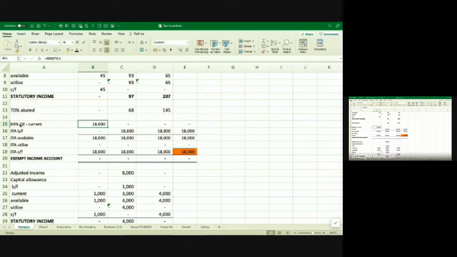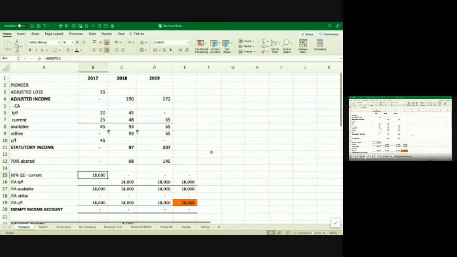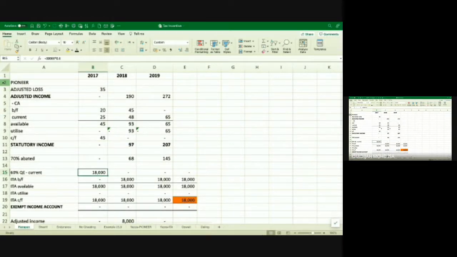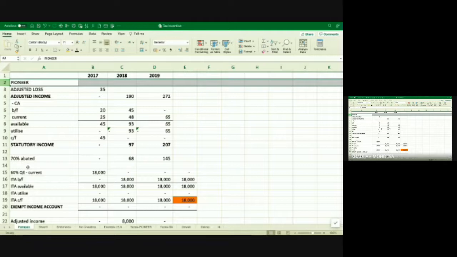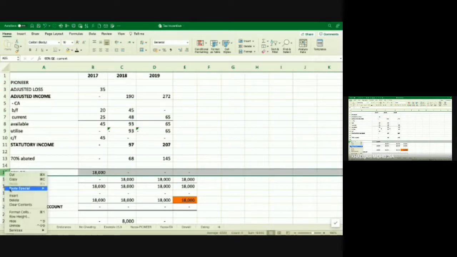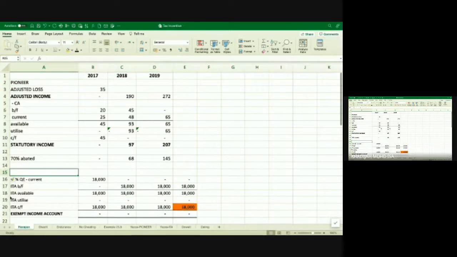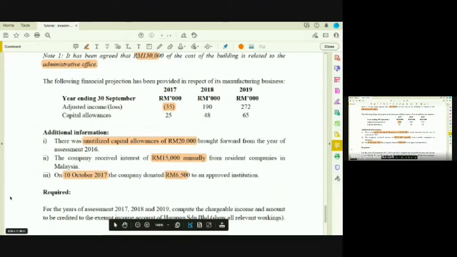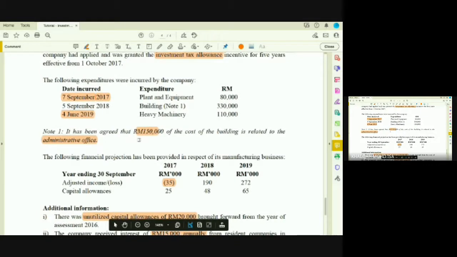Okay, let's see, 70% is 0. Now let's look at your QE. I'll insert here, easier. Insert above. What is your QE for 2017? QE for 2017 is 80,000.